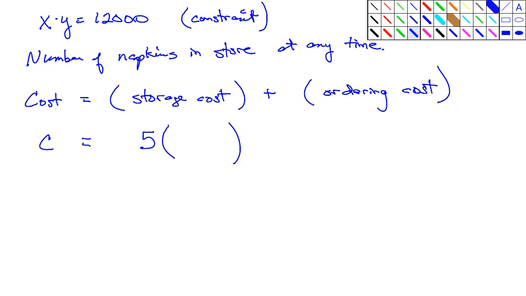And then how many napkins do I have on hand? I have 1/2 X. And so this takes care of all of the napkins all at once, because it's the average number of napkins I have at any given time throughout the whole year, 1/2 X. Now the ordering cost, it costs $50 to place an order, and we're going to order Y times a year. So the ordering cost for the whole year is 50Y.